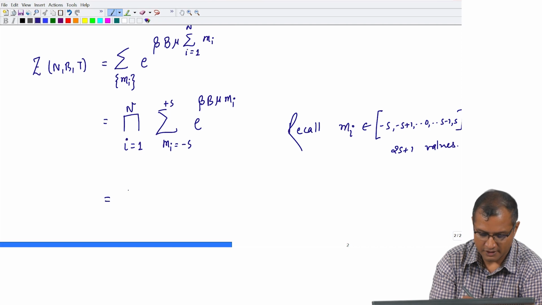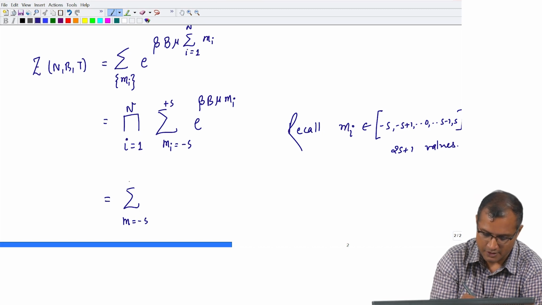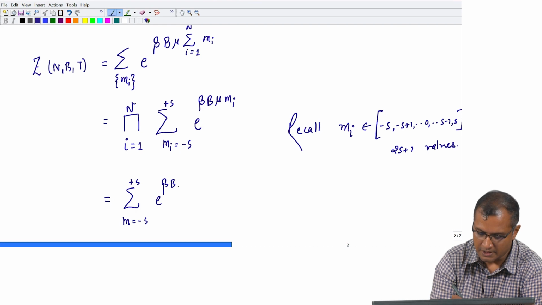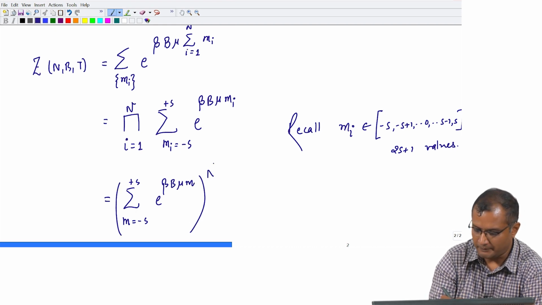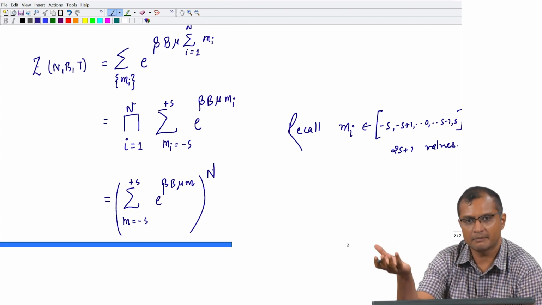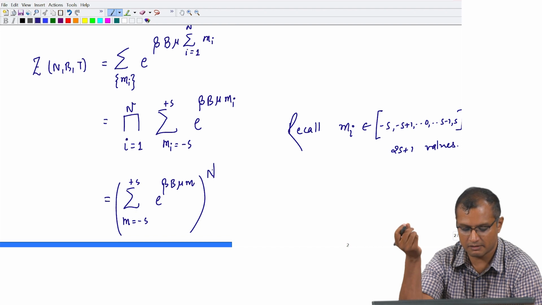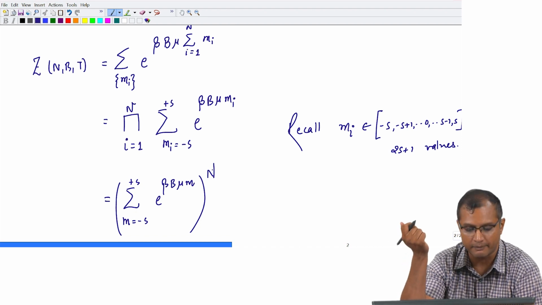So, this is now a simple task of taking some variable m going from minus s to plus s, e raised to beta b mu m, and you simply raise the entire thing to n, because you do the same task repetitively for each i, which is like doing it for one i and raising the entire thing to power n.